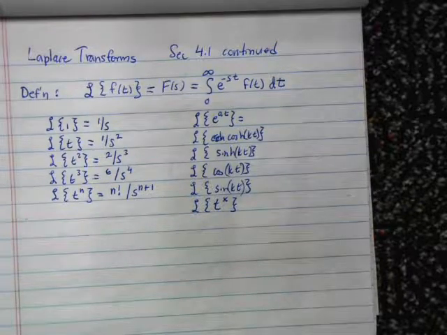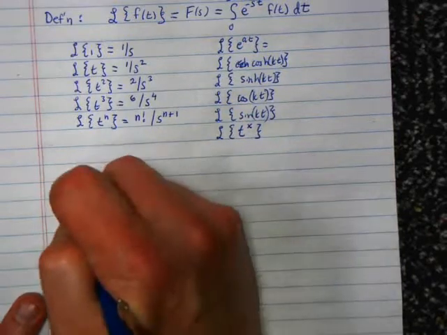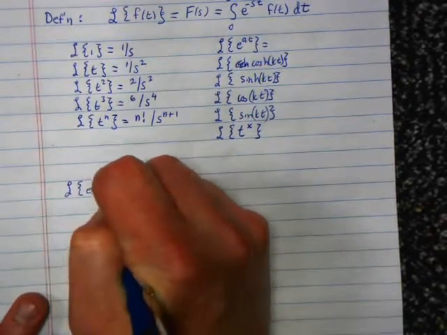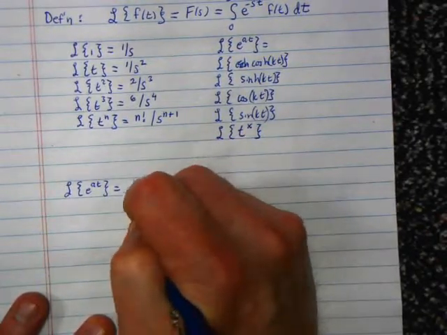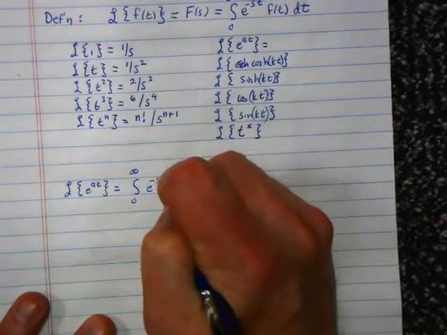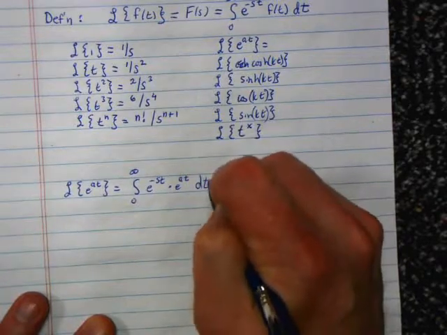All right, well, let's do e to the at first. The Laplace transform of e to the at would be the integral from 0 to infinity of e to the negative st times e to the at dt.